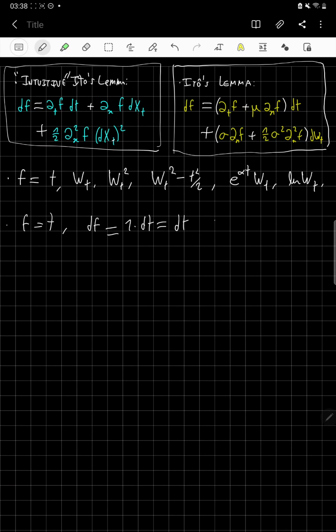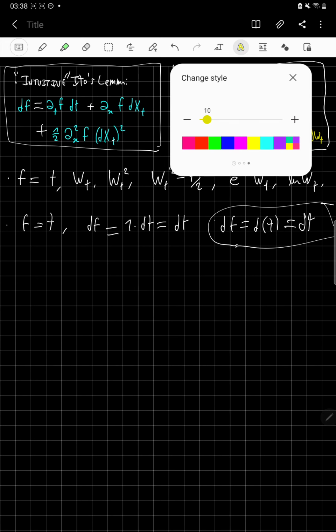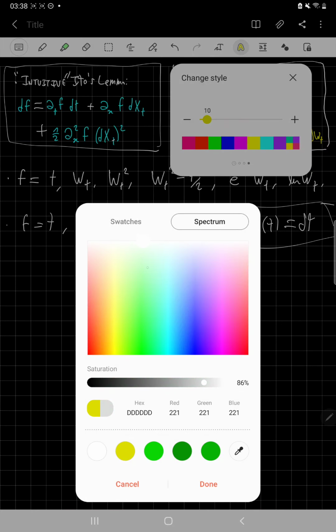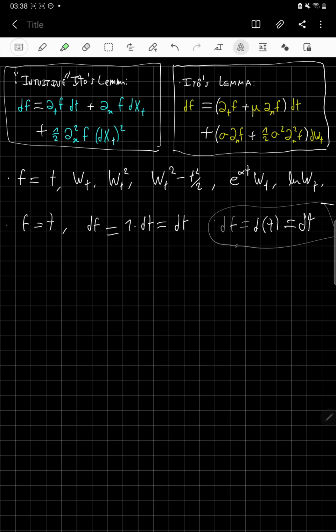Pretty obvious, right? So notice that df is just equal to d of t, which equals d of t. So this works out. You can somewhat manipulate it as if it's the usual differential. But we're going to put that aside for now. Let's hide it over here. This is the first one.